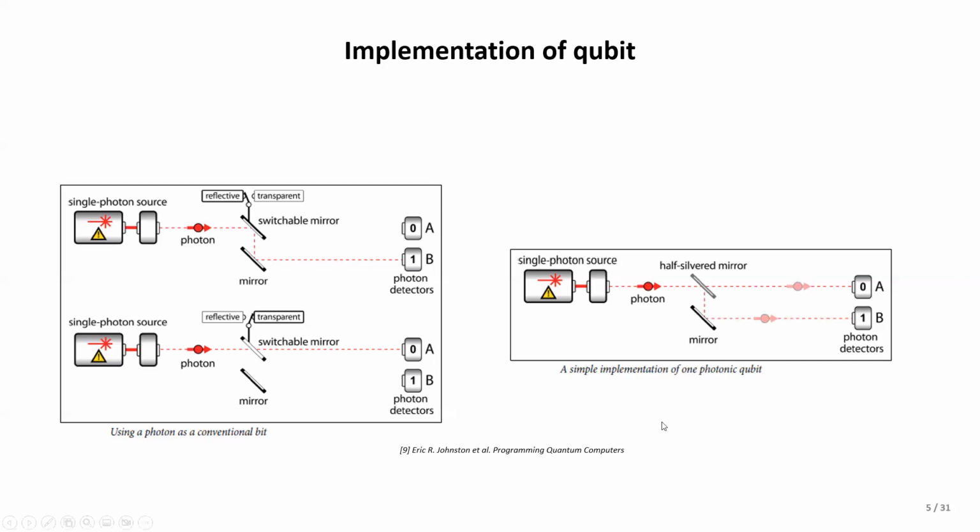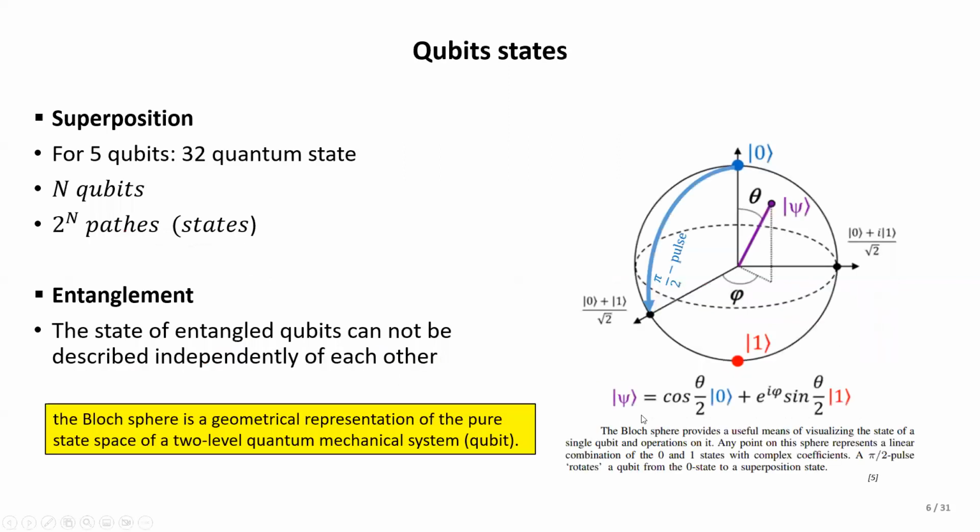So this presentation determines, in a simple way, how the photon could be used to define the state of the qubits. In the qubit state, we have the superposition.